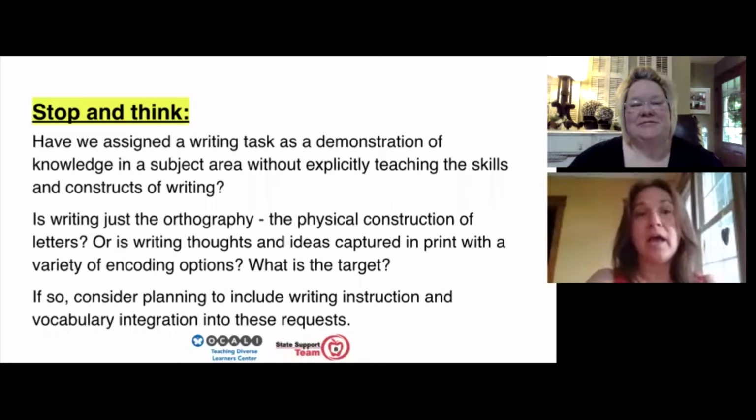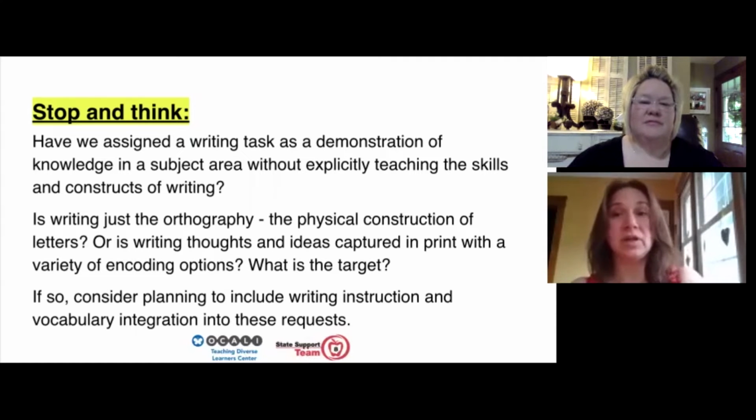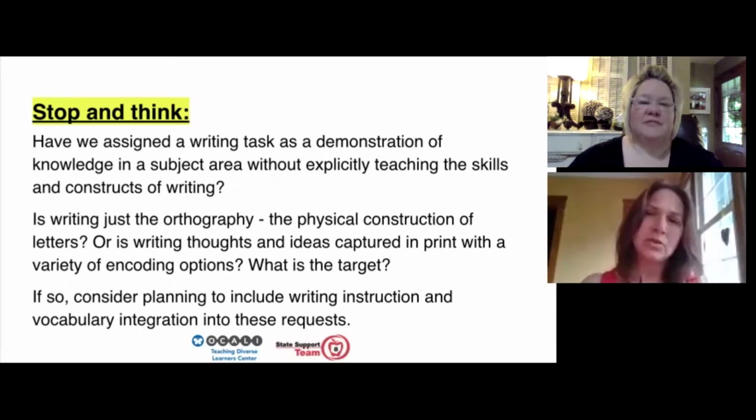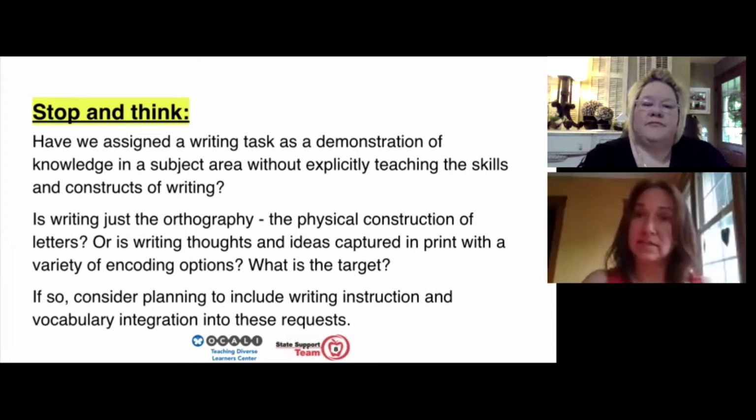So we have something to think about: have we assigned a writing task as a demonstration of knowledge in a subject area, possibly without explicitly teaching the constructs of that writing? So this gets to our teaching expectations and possibly assumptions that, well, students might have learned that in another class, but really taking stock of what students really know.